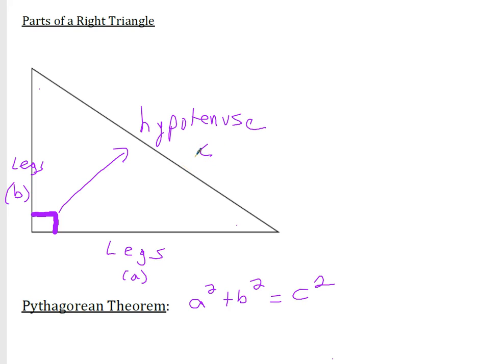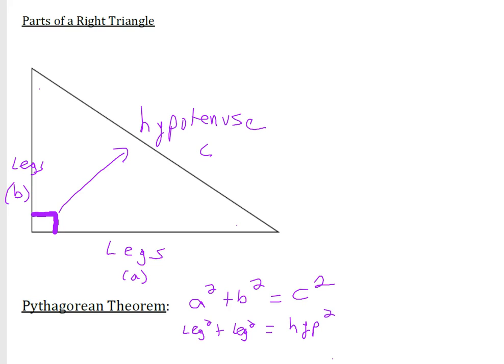So another way we can look at the Pythagorean theorem is to say that the leg squared plus another leg squared equals the hypotenuse squared. And that's an important theorem to remember as we move forward, because whenever we have a missing side length, we are going to want to use the Pythagorean theorem to help us find that.